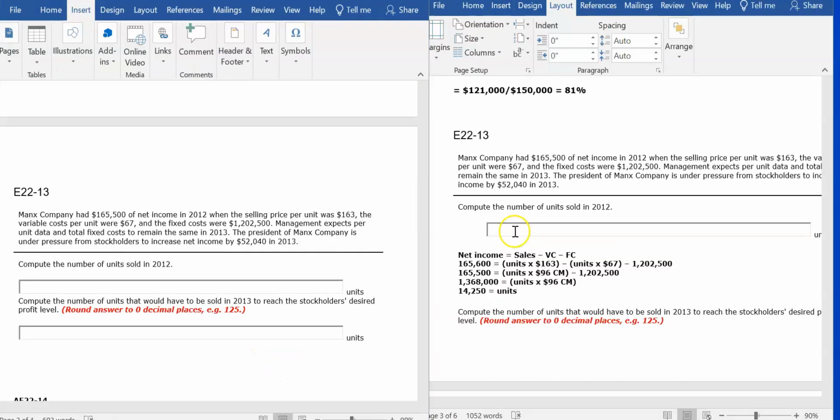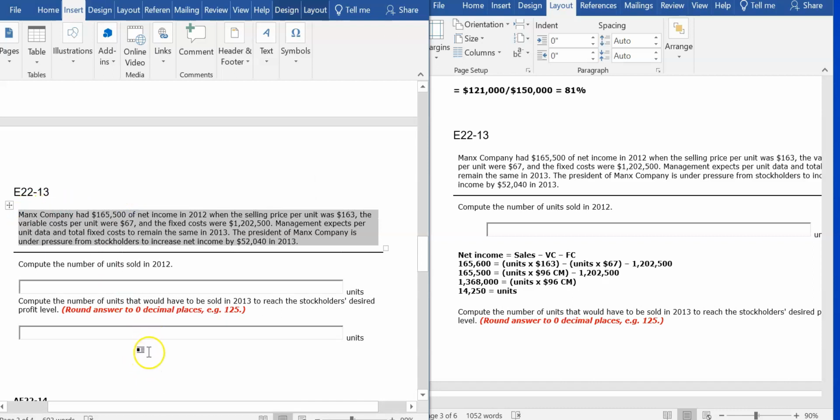All right, this next problem has us thinking about this relationship of variable cost and fixed cost. Manx Company had $165,500 of net income in 2012 when the selling price per unit was $163. The variable costs were $67 per unit and fixed costs were $1,202,500.